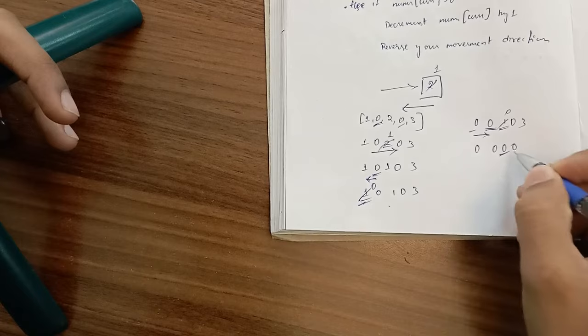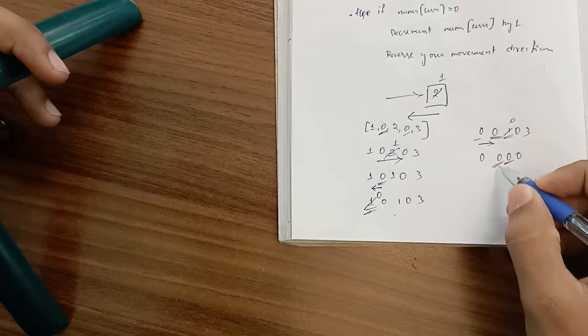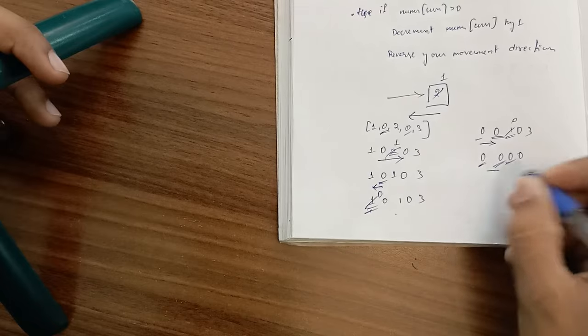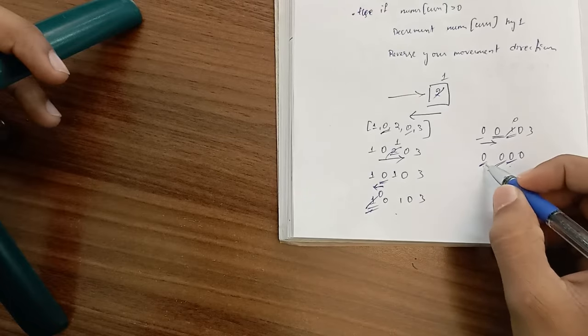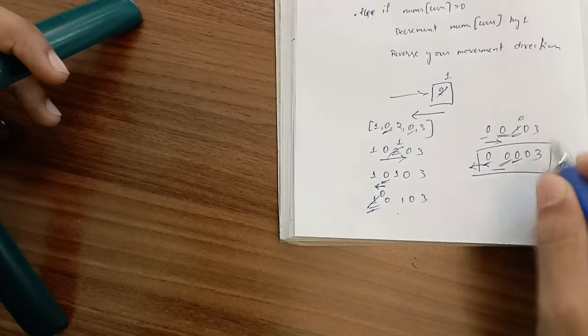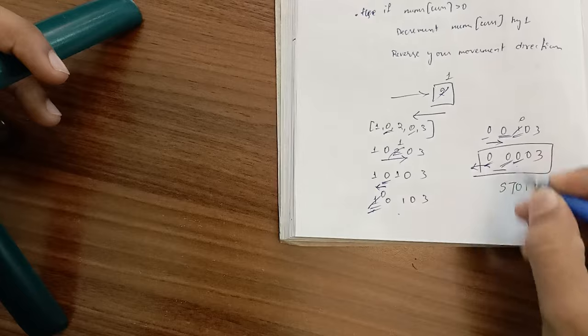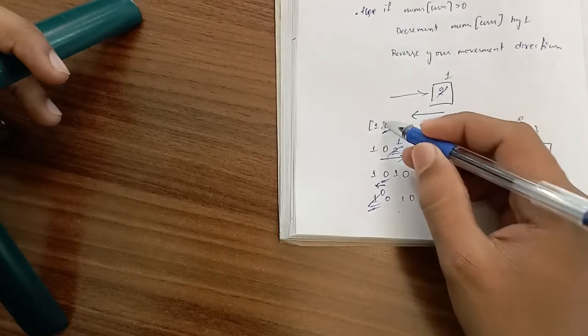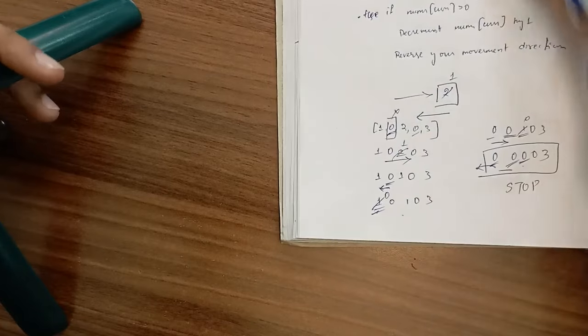Now we move here, then we get to here and go in the same direction and we get to here. This is out of bounds, so we stop here. So this is not a valid one.